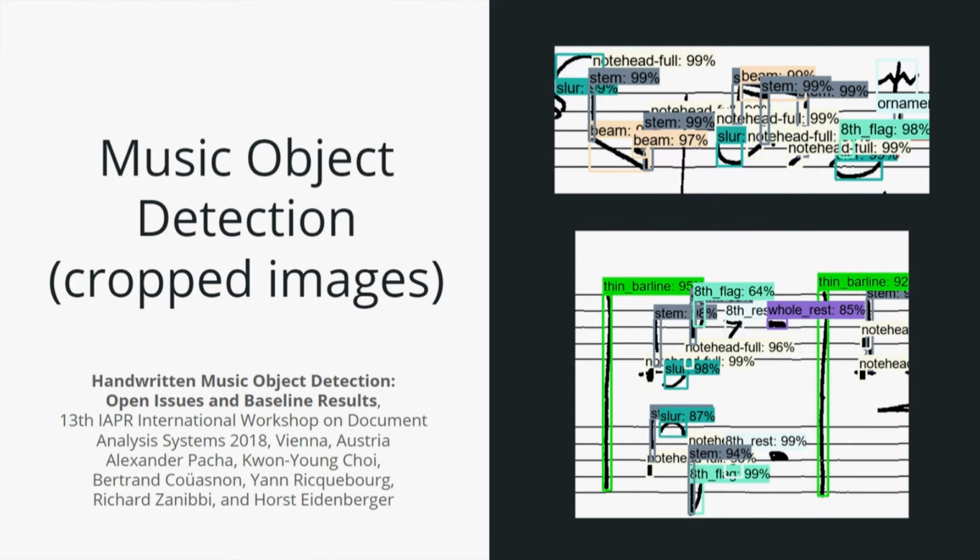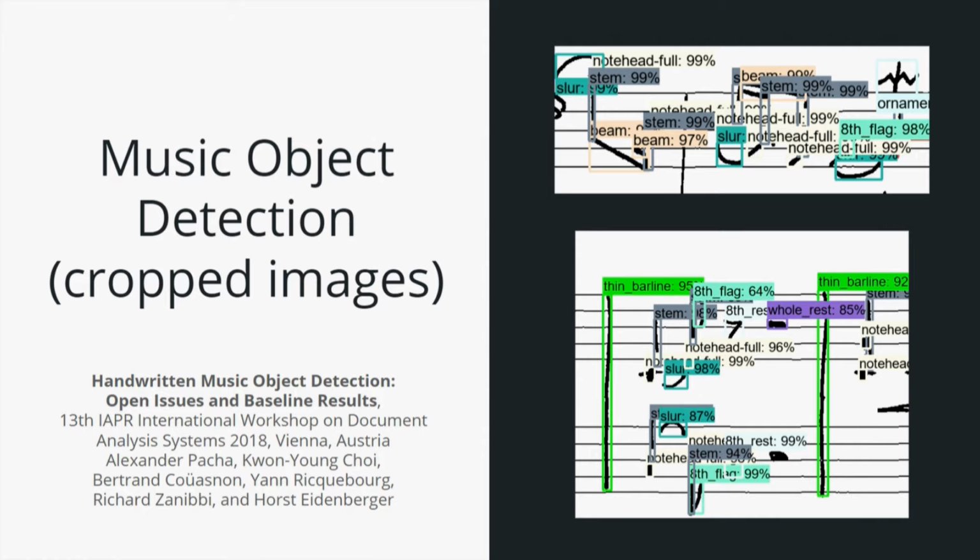So, if classifying symbols works so well, let's go and detect the symbols. That's the logical next step. I did this work together with Kwon Choi and other researchers from France, and published our work in Handwritten Music Object Detection, Open Issues and Baseline Results at the workshop on Document Analysis Systems in Vienna in 2018.